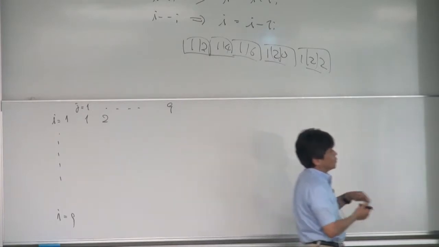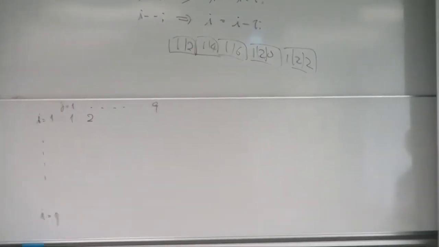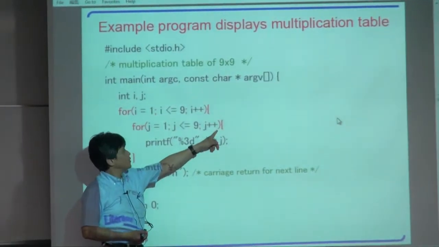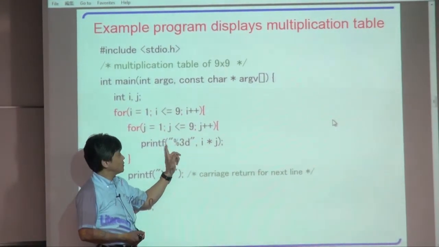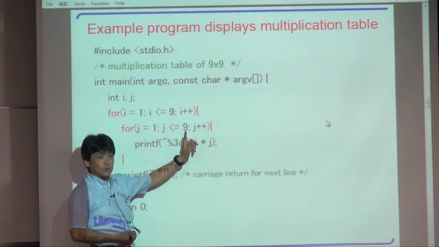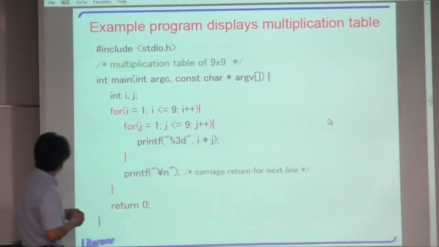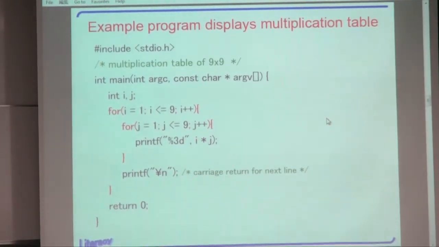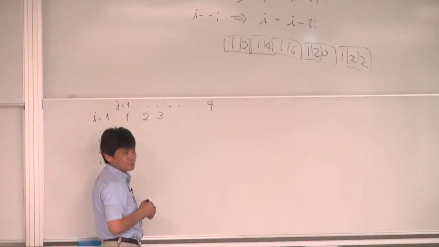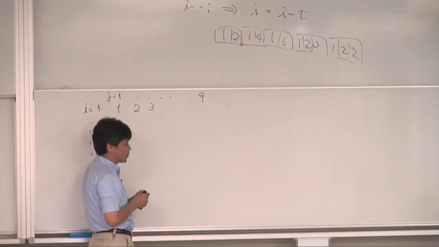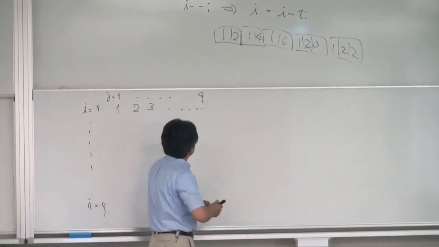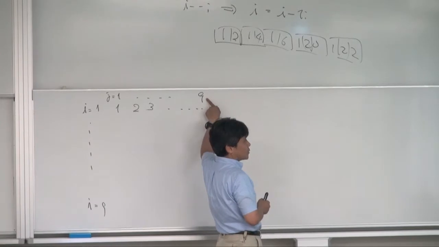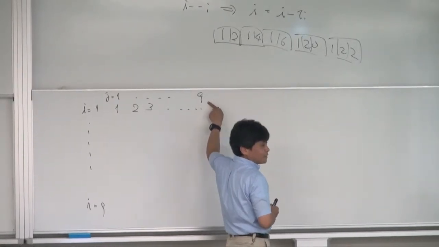Okay, so after that, this part is also evaluated and executed. In this case, i equals 1 and j equals 3. So 3 will be displayed on the computer screen. Then finally j becomes 9.